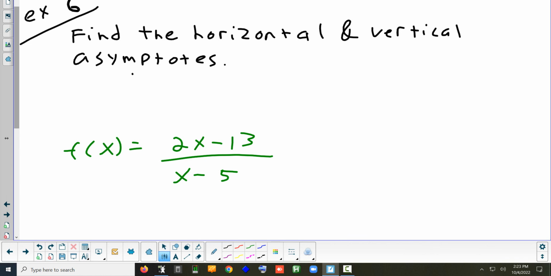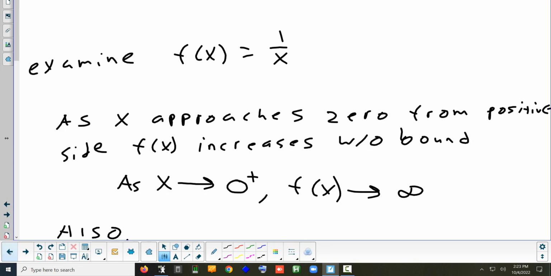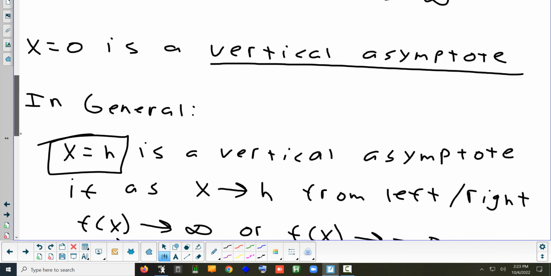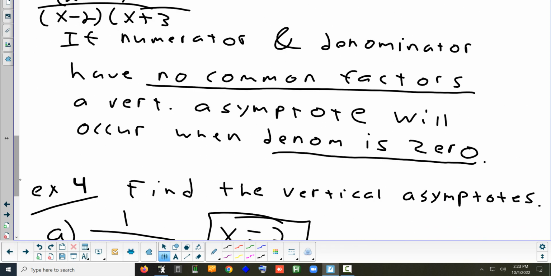If you look back at every problem we've done so far, look at what has been in the top. It hasn't been 2x minus 13. What was in the top in this problem? 1. How about what was in the top in this one? 1. What was in the top in this one? 1.